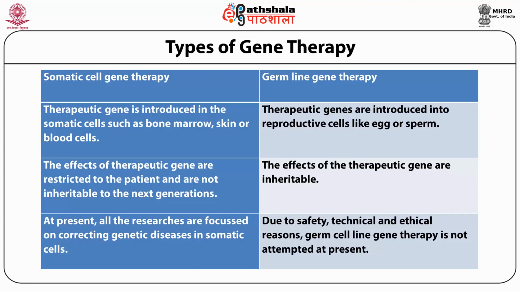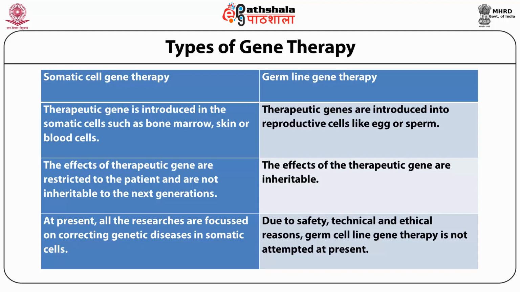As indicated by the name itself, in somatic cell gene therapy, the therapeutic gene is introduced in somatic cells like bone marrow, skin or blood cells, and the effect of these genes is restricted to the patient and is not inheritable to the next generation. At present, all the research in the area of gene therapy is focused on correcting genetic diseases in somatic cells.